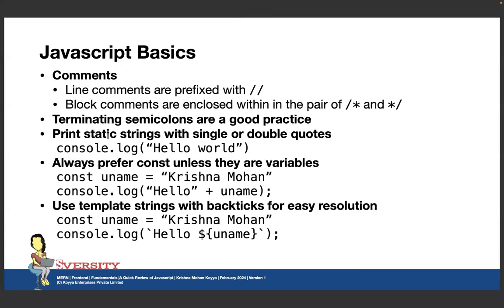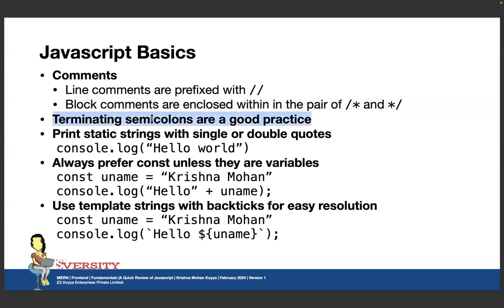Now let us look at it from the code syntax perspective. So comments, like in any other programming language, you begin with comments. You have both varieties of comments: line comments, or block comments, like what you see in C++ or Java.